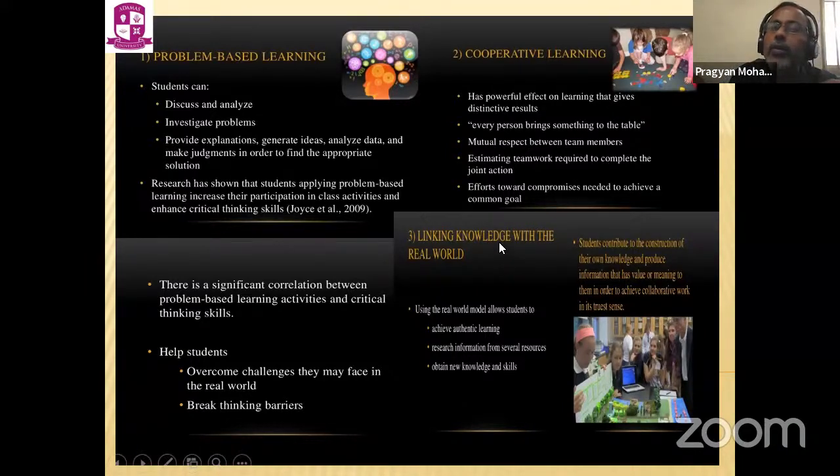I've already told you that instruction is connected to three aspects: learning content, skills, and real life. On the basis of that, different learning approaches are developed and introduced into the 21st century curriculum. The first, I have told you, is problem-based learning. That means the student will not be taught any topic directly. They will be assigned some problems.